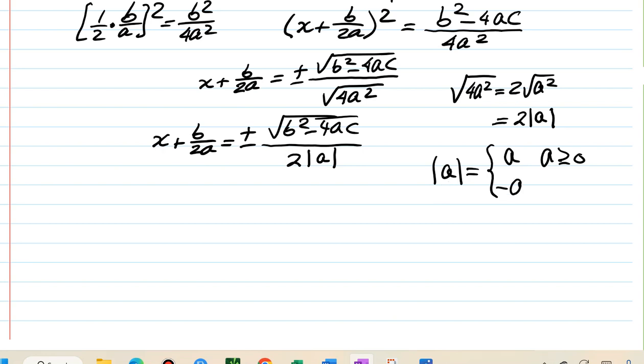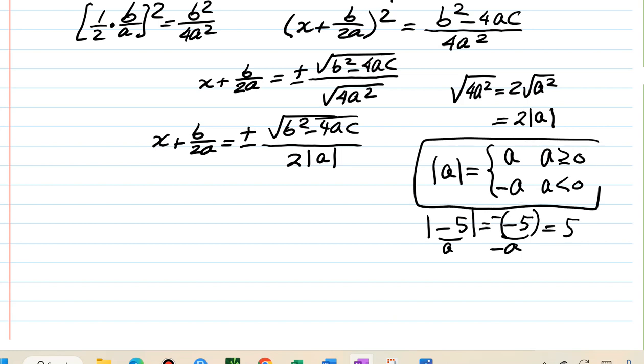But if a is negative, we need to put a negative in front of a. For example, remember the absolute value of negative 5, I cannot say that's negative 5. This is my a. There is a. See, it won't work because it has to be positive. Therefore, we put a negative in front of it. So now it's the negative of a, which results in a positive answer. So that's the rationale for writing this piece.